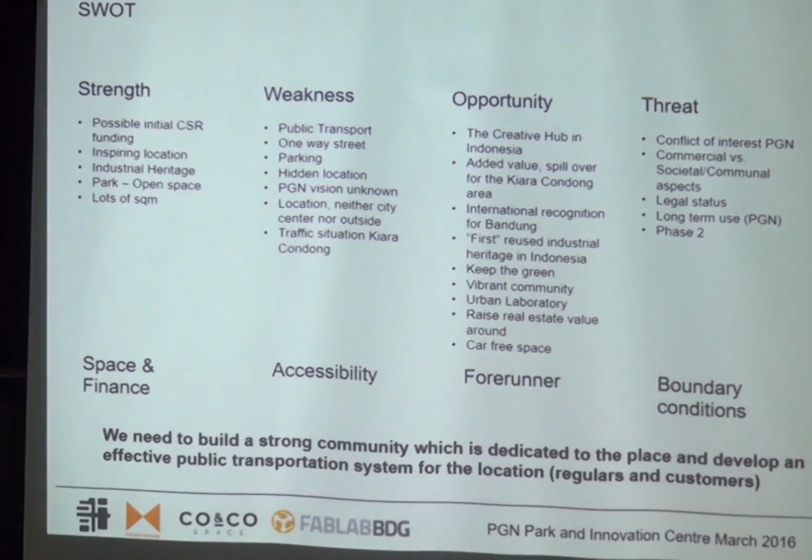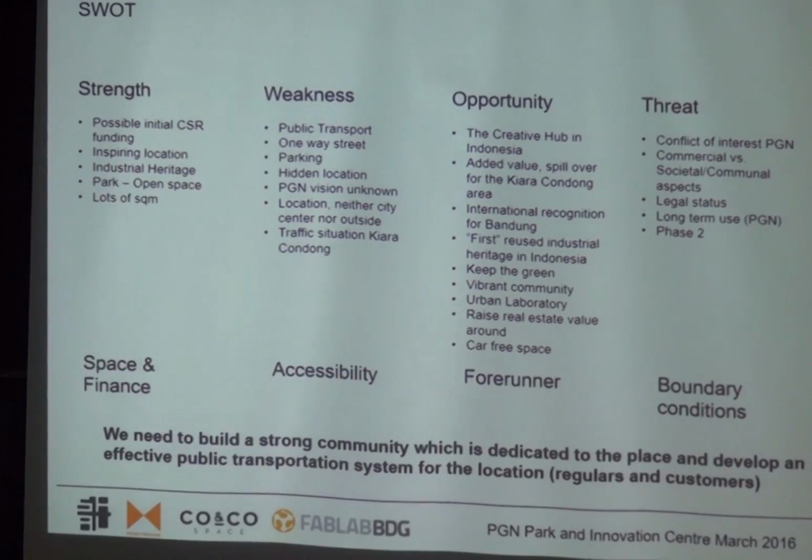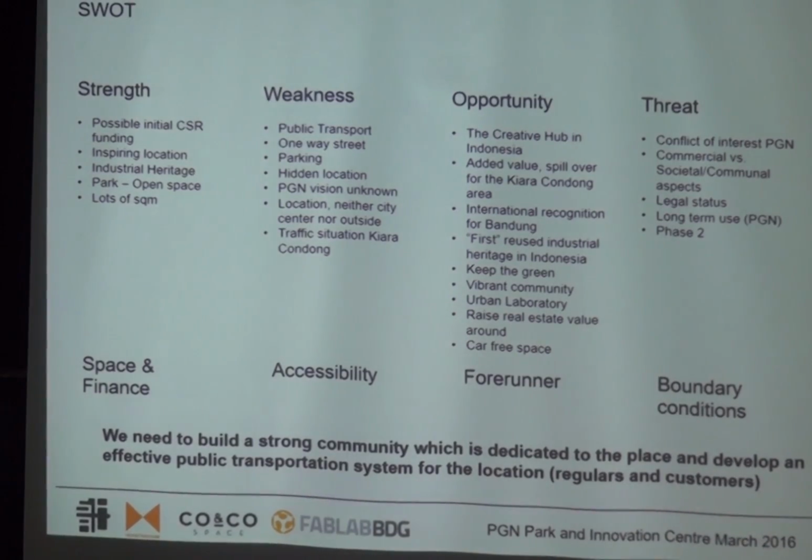So, in that sense, from this analysis we made a strengths, weaknesses, opportunities and threats, SWOT, analysis. One of the strengths, because we wanted to work together with PGN, is getting corporate social responsibility funds, so funding would be okay.